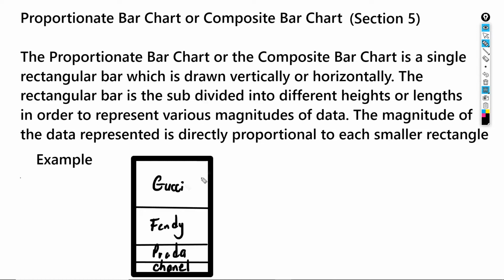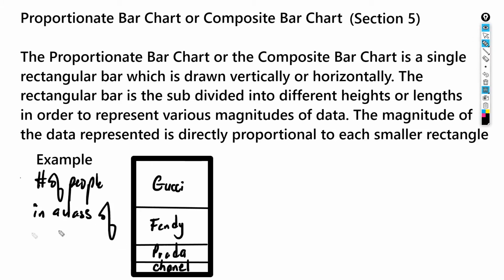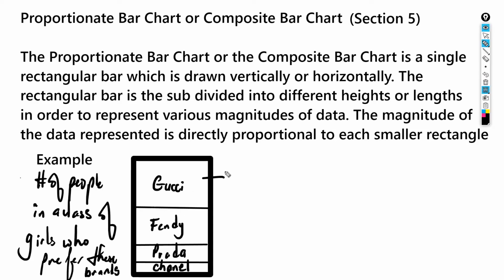So we can see that we have a proportionate bar chart here, and this is actually the number of people in a class of girls who prefer these brands. We can see here that most girls in this classroom prefer Gucci.